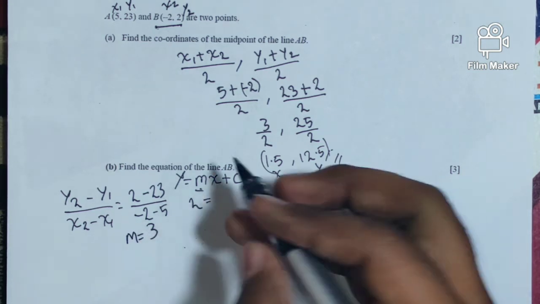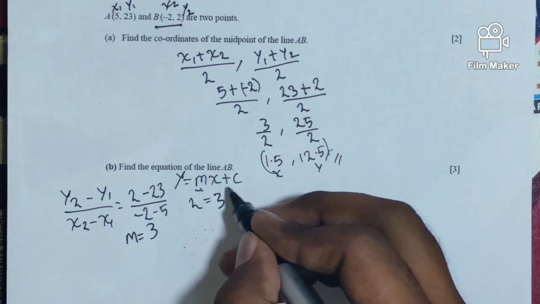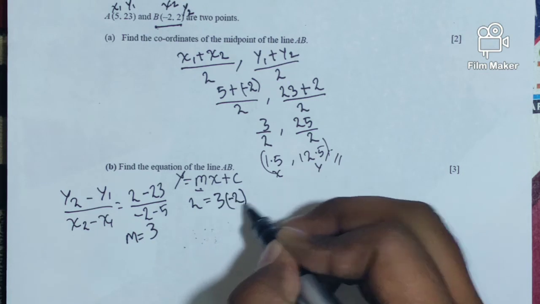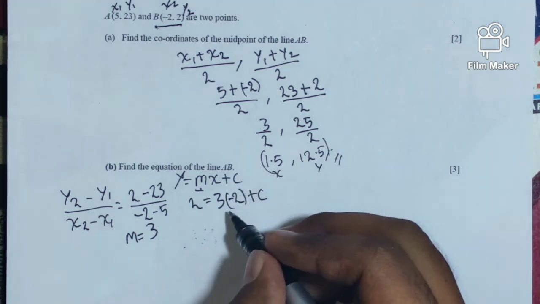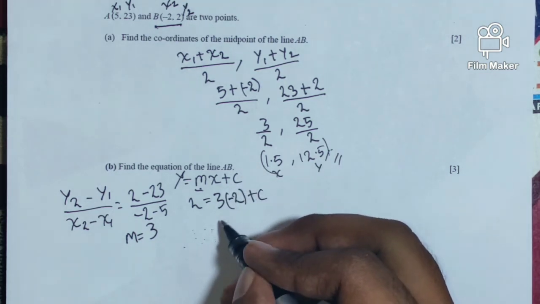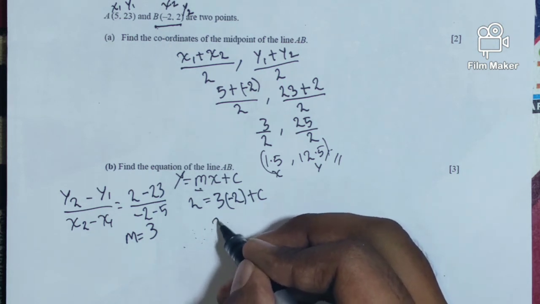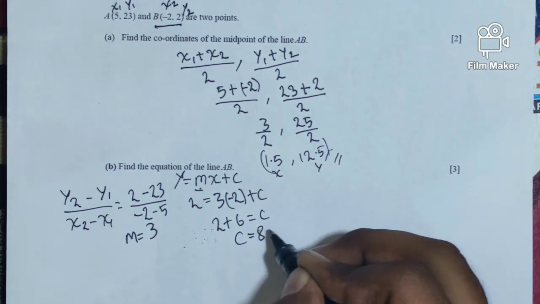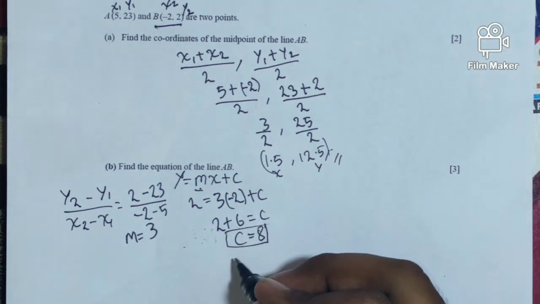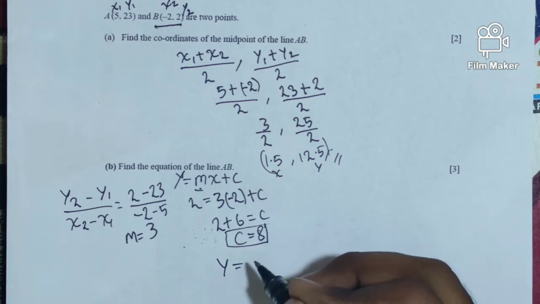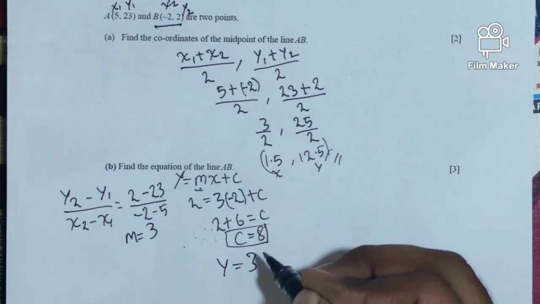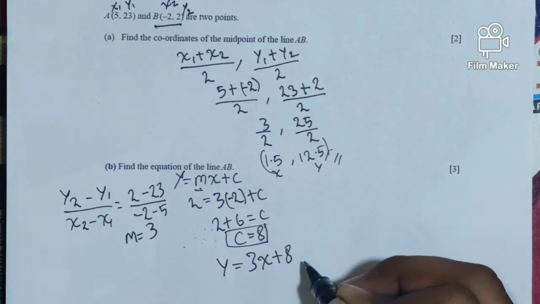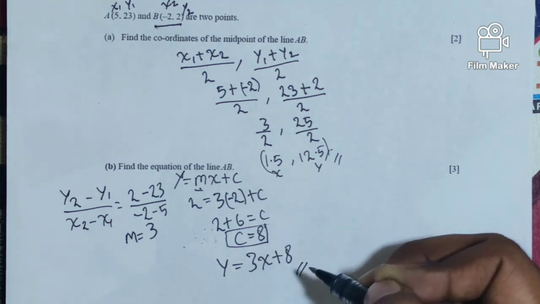As the gradient is 3, 3 into x, where x is minus 2, plus c. 3 into minus 2 is minus 6, and taking minus 6 over, it would be 2 plus 6 is equal to c, so c is equal to 8. Now the equation would be y is equal to 3, which is the gradient, x plus 8. This is the final equation and the final answer for this part of the question.